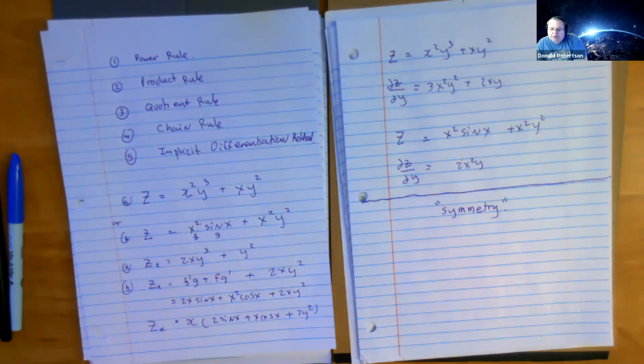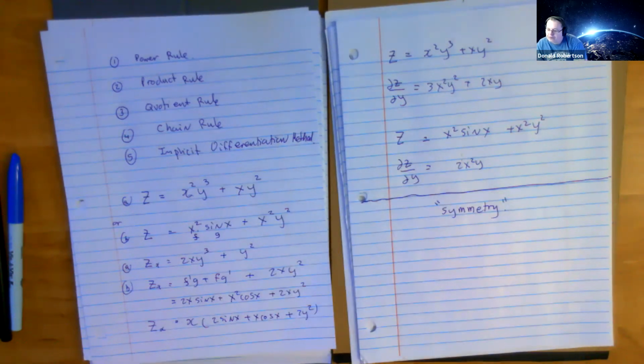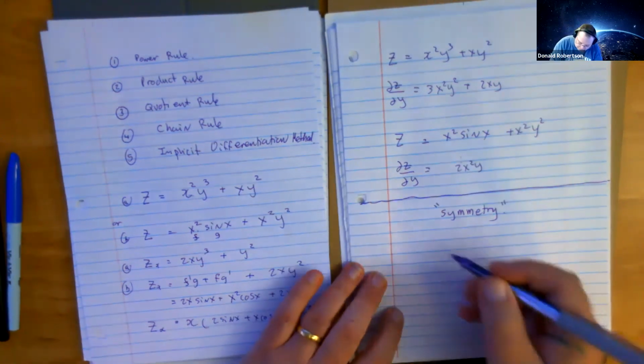If a function, right, and I'm using z equals or f of x, y equals, if it is symmetric, you can actually save yourself some time by using a symmetry property. What that allows you to do is that if you know one of the two partial derivatives, say this one, you can figure out what the other partial derivative should be. So let's show you a symmetric function.